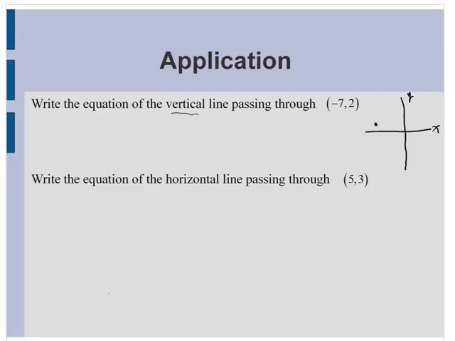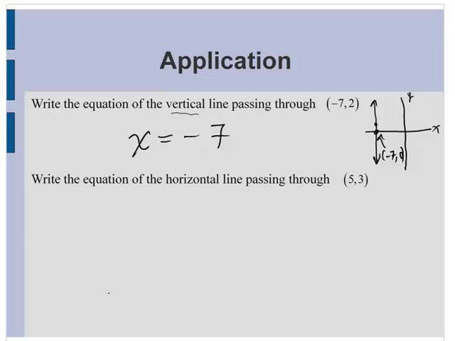We want the vertical line, so that's the vertical line. It passes through the point negative 7, 0. It is the vertical line that passes through negative 7, 0 and negative 7, 2. The x-coordinate is always negative 7. So vertical line, x equals a number.